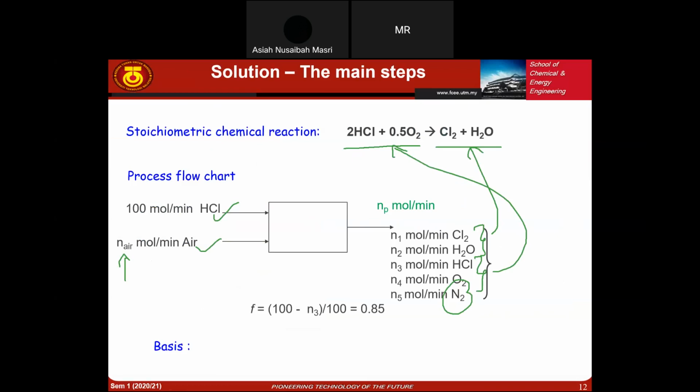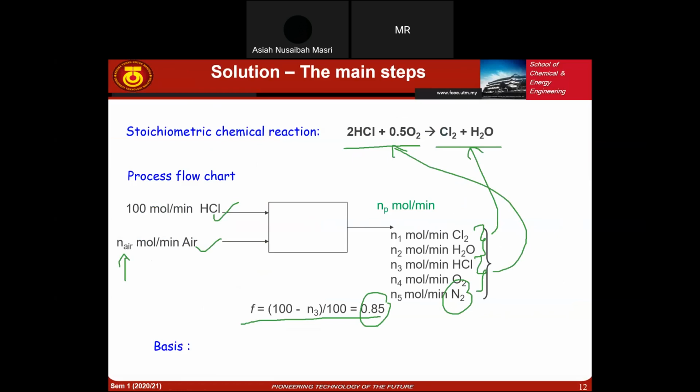Then we have another specification. One is the air is given 35% excess of oxygen. And then we have another specification where the conversion of HCl is equal to 0.85. So here, the conversion is explaining about the conversion of HCl.